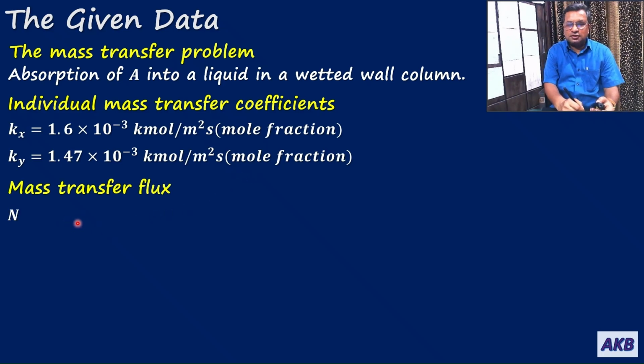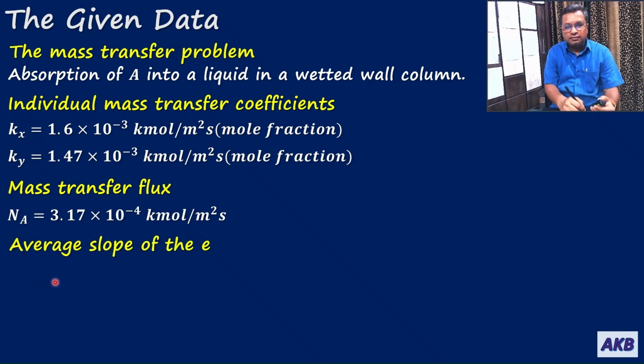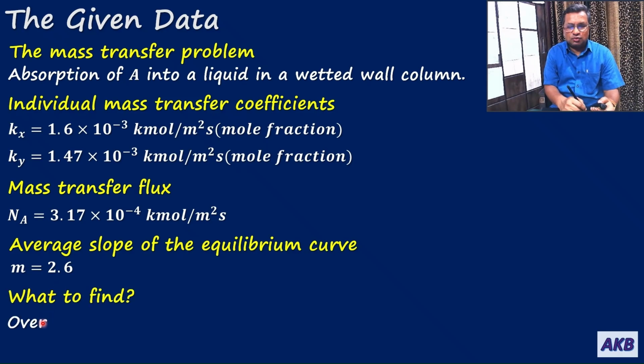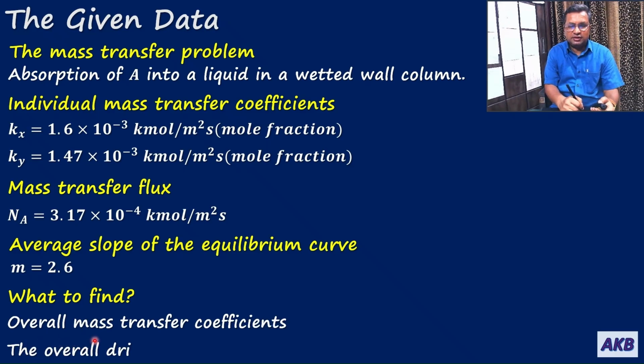The mass transfer flux is also known to us. It is Na is equal to 3.17 into 10 to the power minus 4 kilomole per meter square per second. The average slope of the equilibrium curve is given to us. It is 2.6. And what are we supposed to find? We are supposed to get the overall mass transfer coefficients and then the overall driving force.